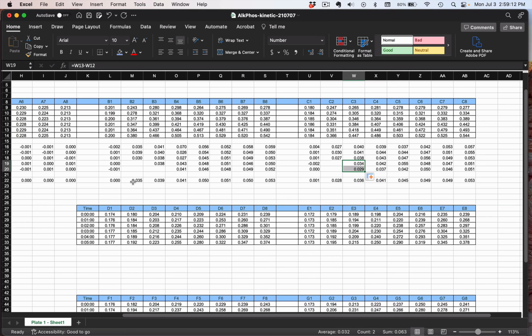If we compare, for example, B2 with C2, there's a drop there, but in the next one, here versus here, pretty similar. This one is identical, so a little bit of a difference there. That's basically what you're looking for.